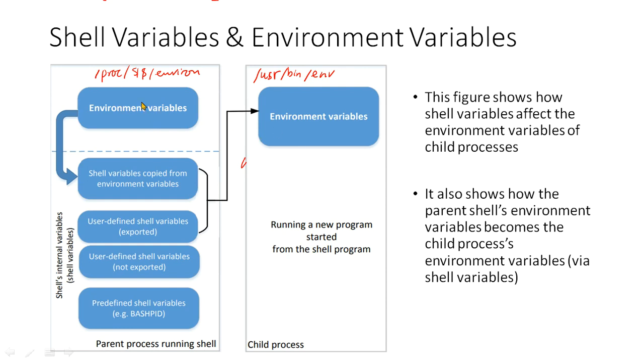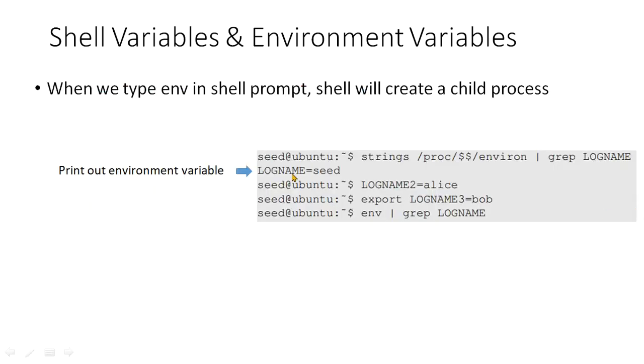Now we see that we use these two different commands to see how this set of parent shell variables are copied to the child process. How these are copied to the child process, we see in this example. Let's take a look at it carefully.